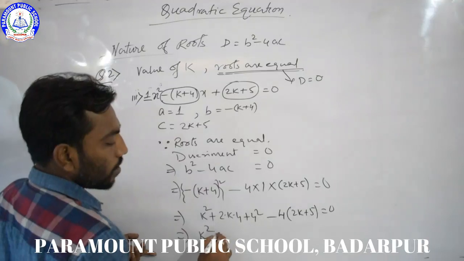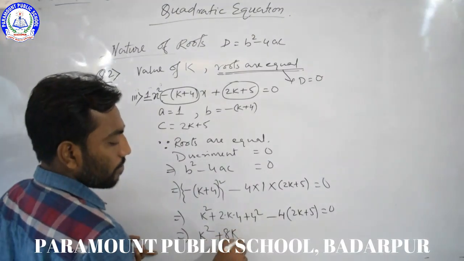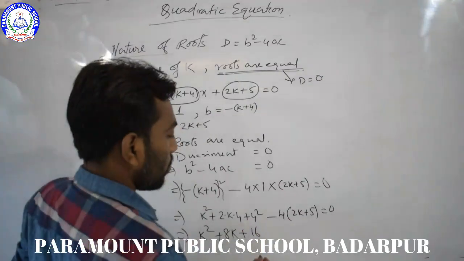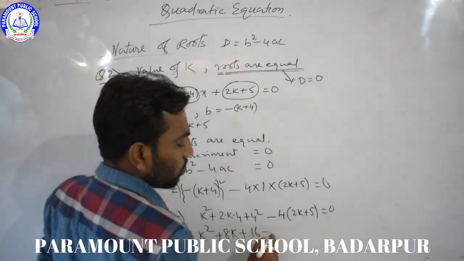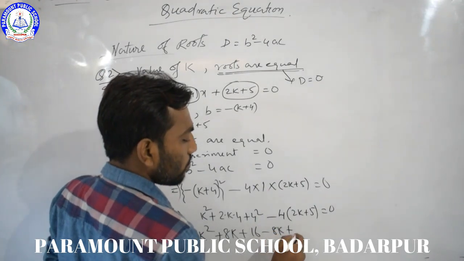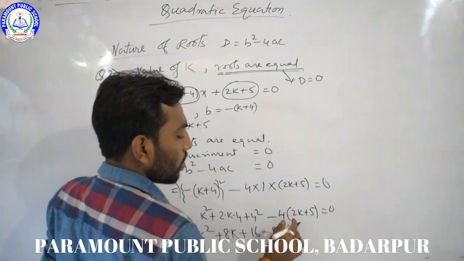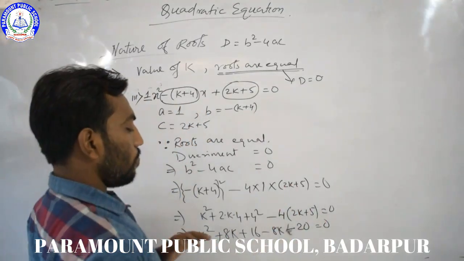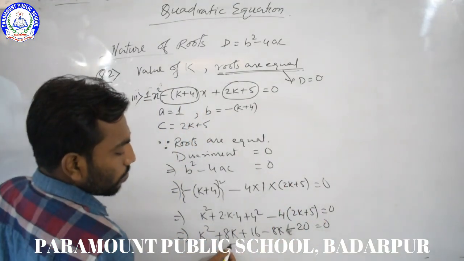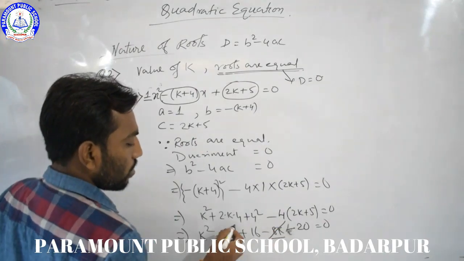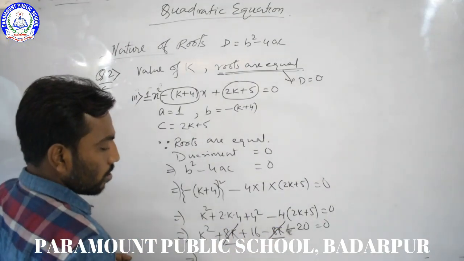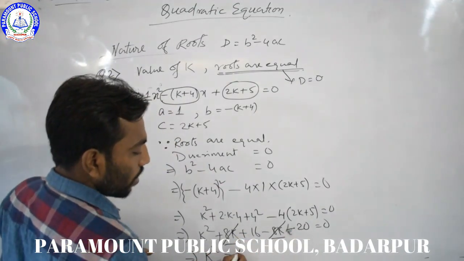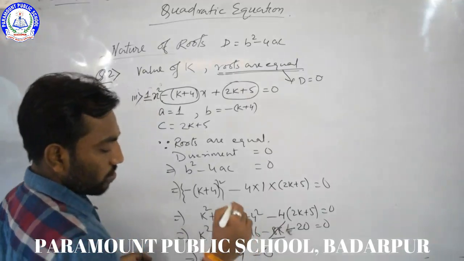So k square plus 8k plus 16 minus 8k minus 20 is equal to 0. So you can see plus 8k and minus 8k get cancelled out. So k square plus 16 minus 20 becomes minus 4 is equal to 0.